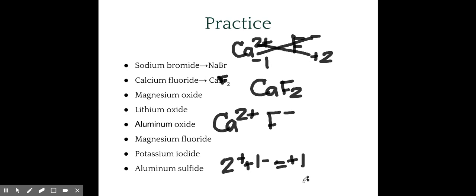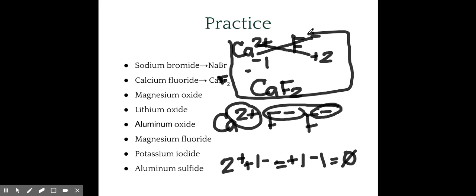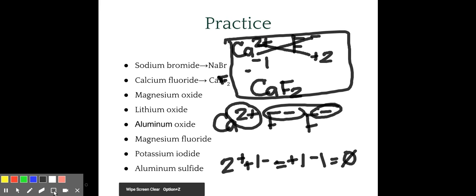So how do I get this to be a neutral compound so that it equals 0? Well, if I add one more fluoride ion, that gives me an overall charge of 0, because now we have a +2 and we have 2 negative charges right here. Now this is a shortcut when you crisscross your charges. This shortcut just simply shows us how the charges balance out.